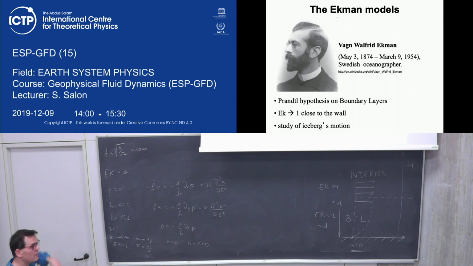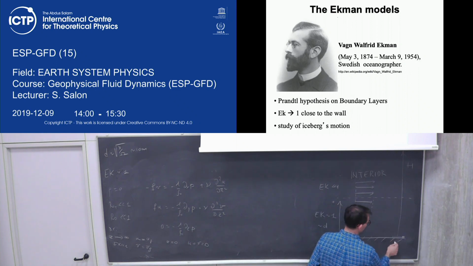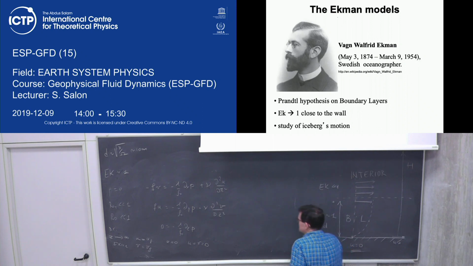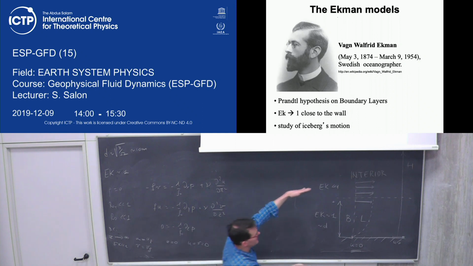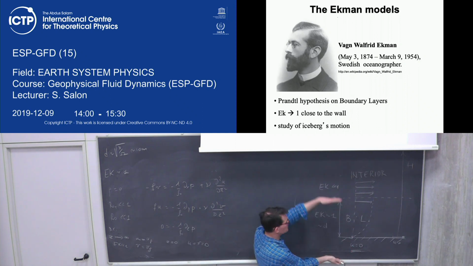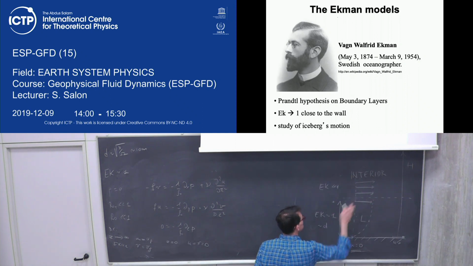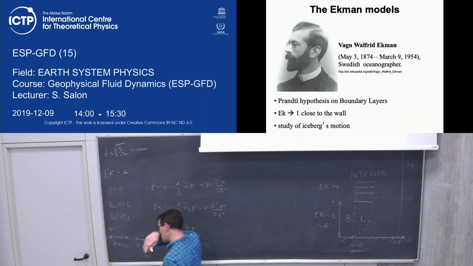Before we couldn't consider this, because for geostrophy we allowed the slip condition, which is not natural, but in that case it's like we didn't have any boundary layer. So the boundary layer doesn't exist and there is only an interior. Now the boundary layers start to exist.